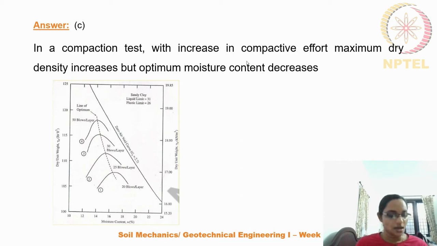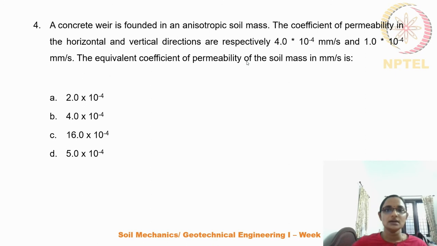Yes, ma'am. So the next question is, a concrete weir is founded in an anisotropic soil mass. The coefficients of permeability in the horizontal and vertical directions are respectively 4 into 10 raised to minus 4 mm per second and 1 into 10 raised to minus 4 mm per second.